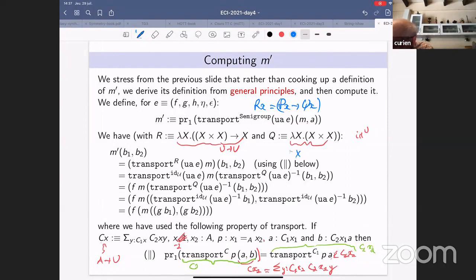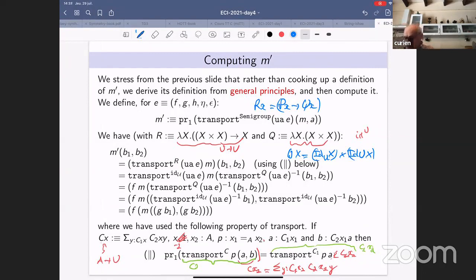Even if it's quite trivial, it's a bit verbose, but let's be verbose. Qx, which is x times x, is also id_U x times id_U x, because id_U is the identity type family.